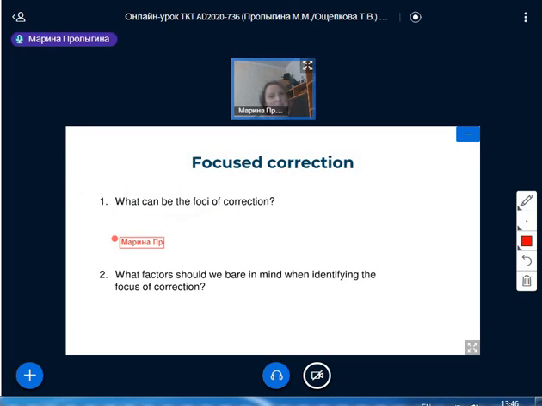Do we usually correct everything in our students' writing, or do we focus on some things? You can speak up, or write in the chat, under the question. What about the foci?